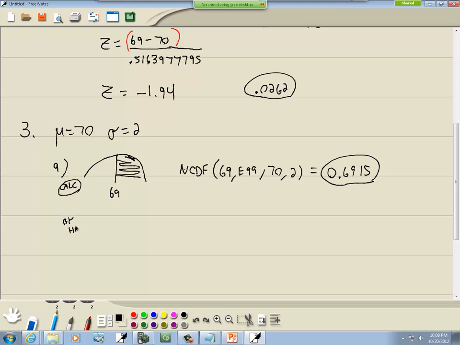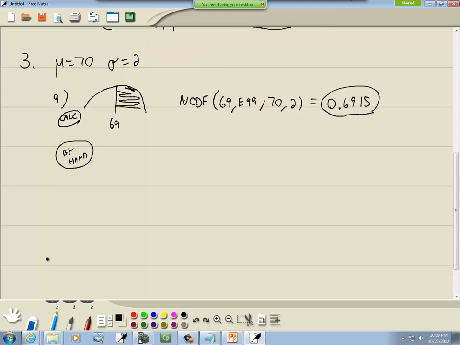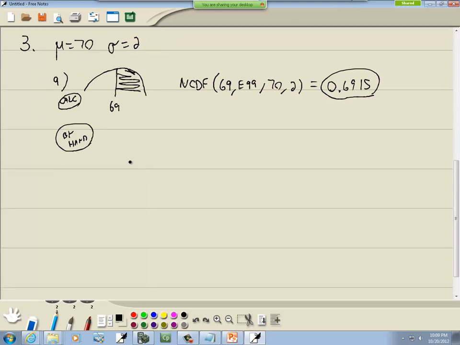Let's look at it by hand. We need to convert it to a z-score. So we've got z is equal to x minus mu over sigma. X is 69 minus mu, which is 70, divided by sigma, which is 2, which gives us negative 1 over 2, which gives us negative 0.5.